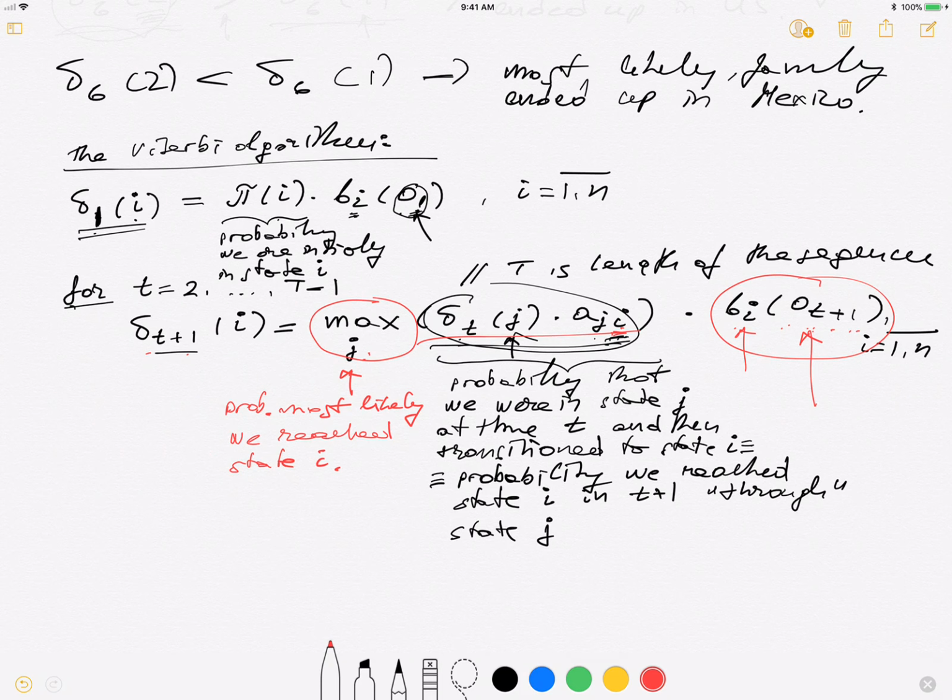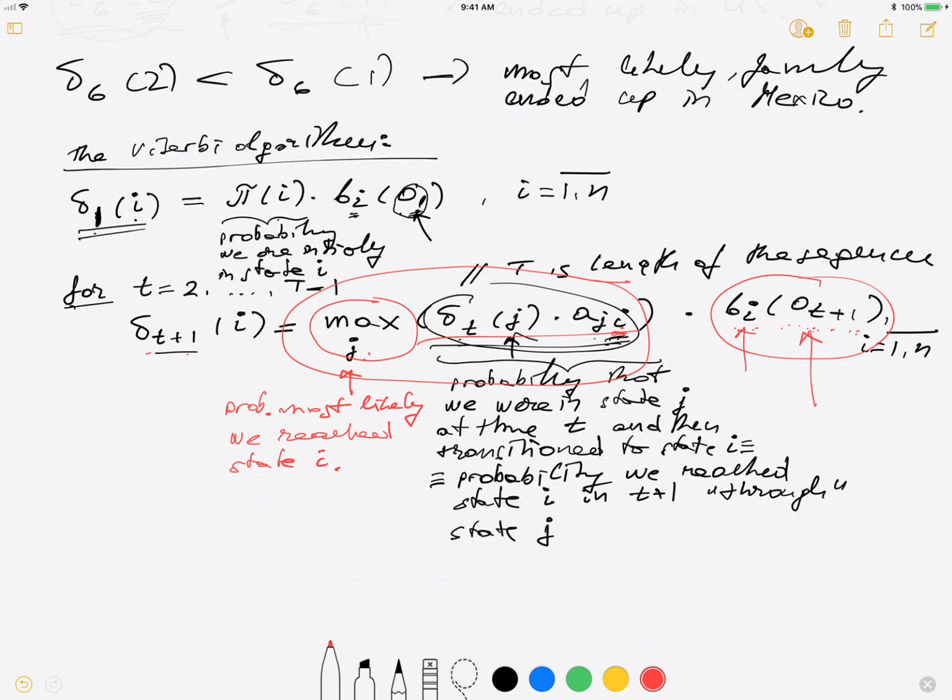So, to summarize, this is the probability essentially, the highest. This is the probability we reach state i, and this is the probability we have output o_{t+1} once in state i.